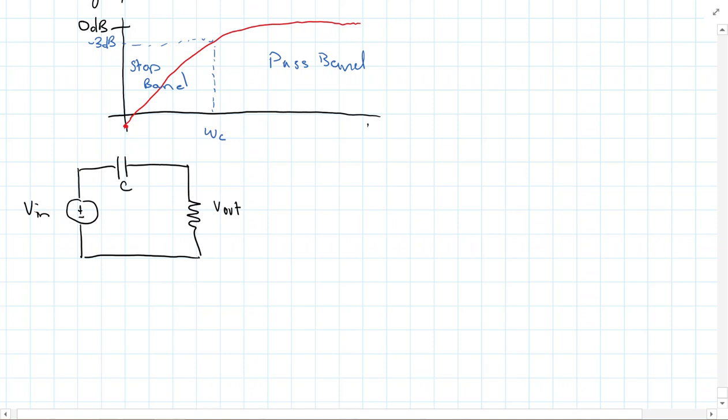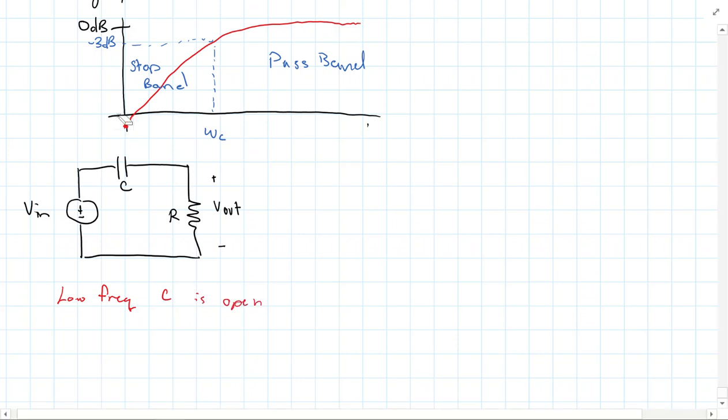Well, this is C, and this is R. Taking a qualitative approach again, we know at low frequencies, I'm going to erase some of this in a second, C is an open.